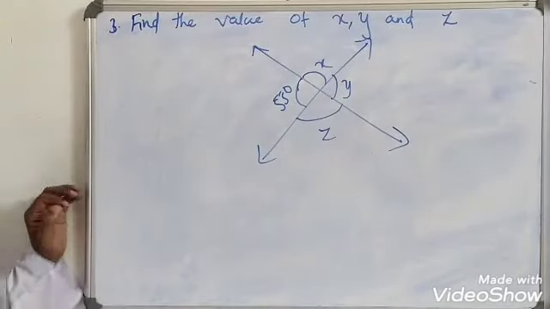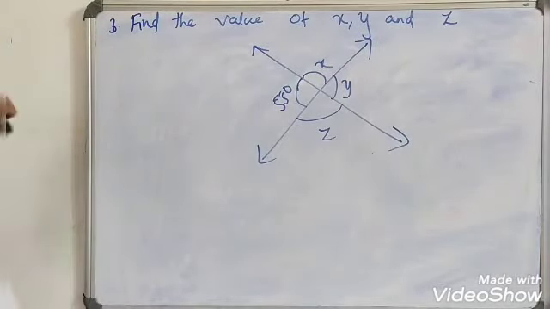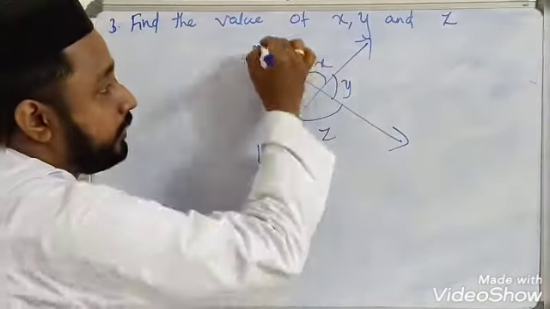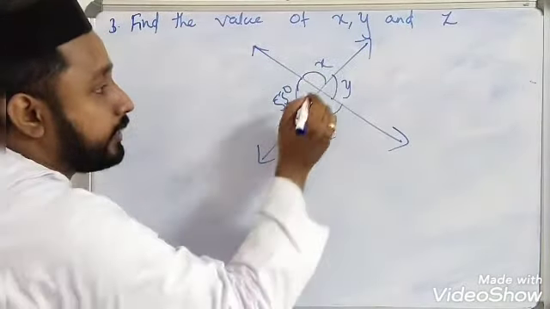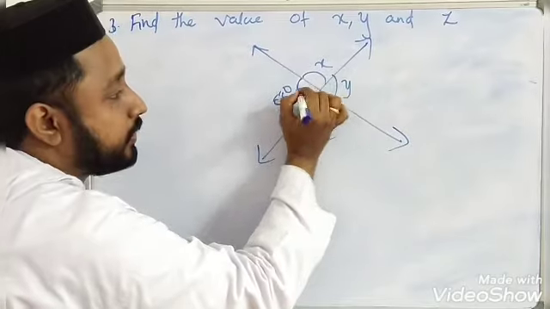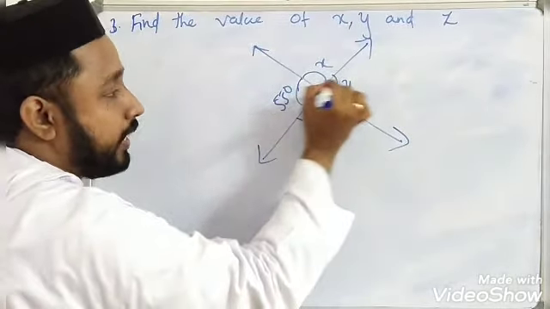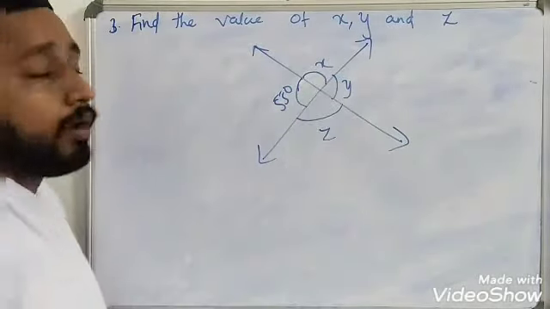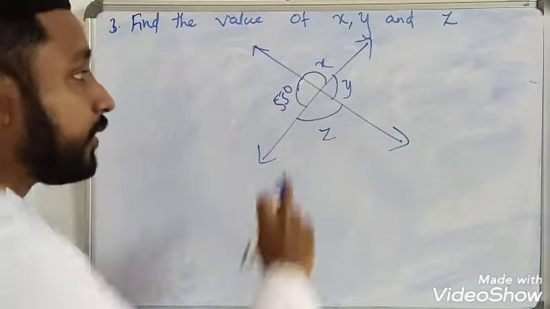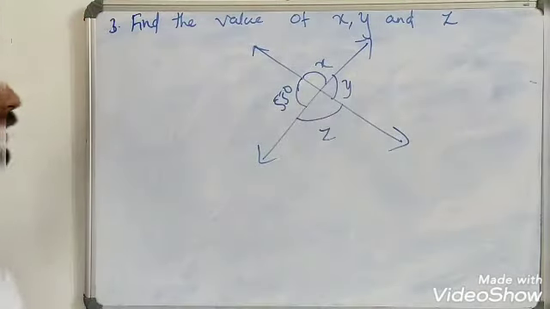We have to find the value of x, y and z. Look at this 55. These two lines intersect at this point. These two are opposite angles, and x and z are opposite angles.